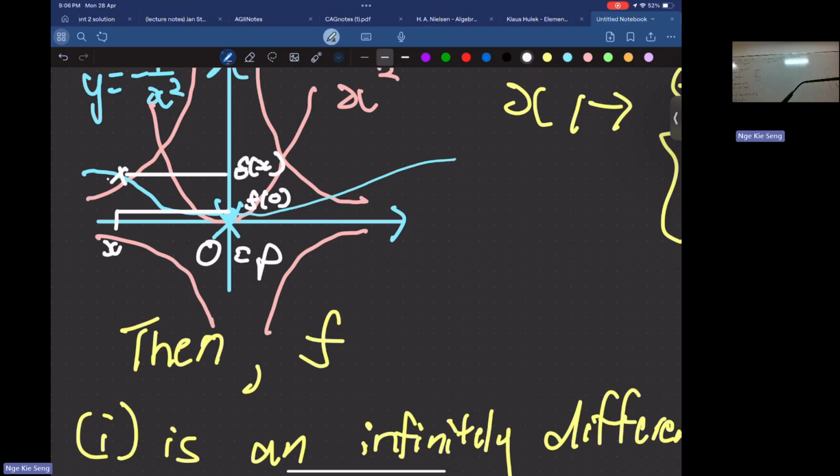So you are taking the quotient between f(x) minus f(0) and x minus 0 here.